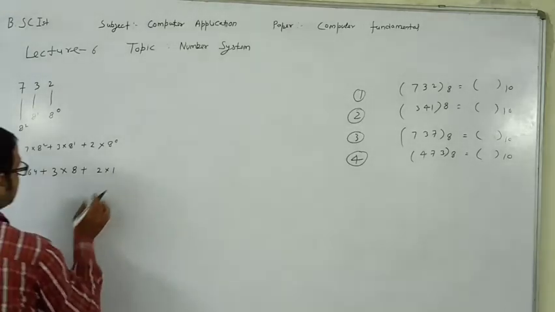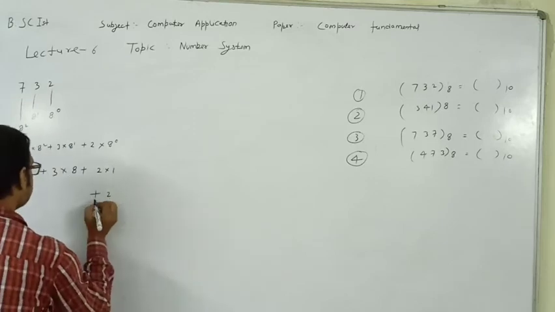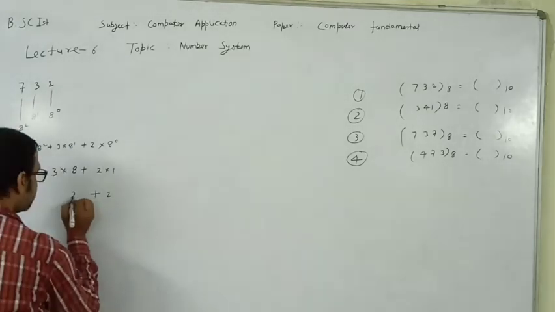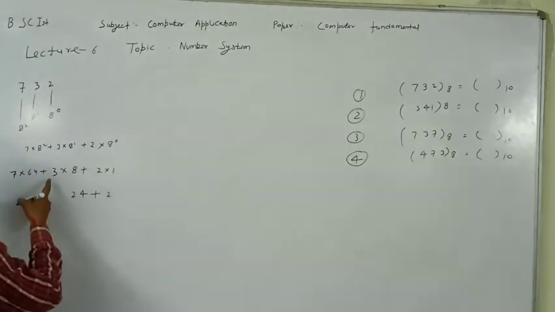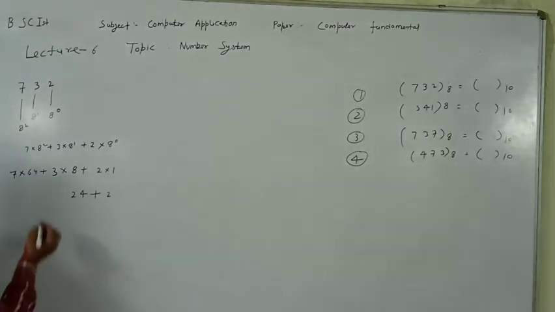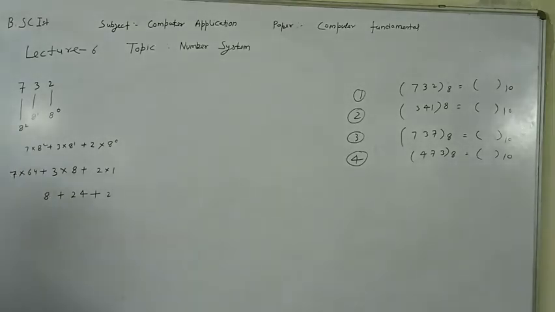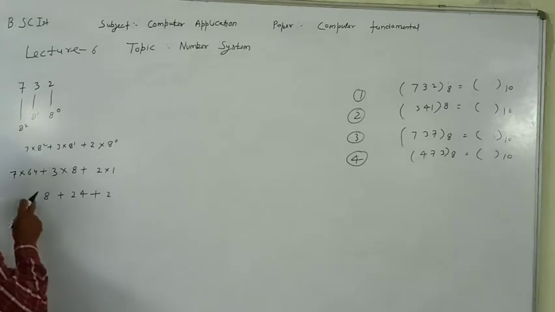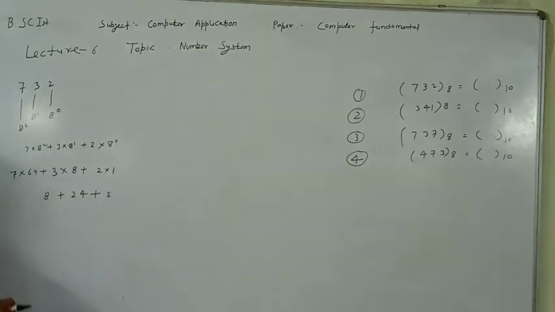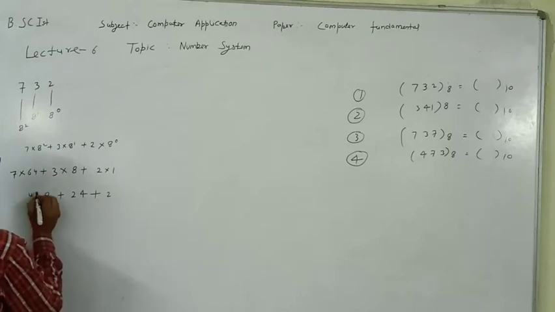Now multiply: 2 into 1 gives you 2, plus 8 into 3, 24. Now 64 multiplied by 7: 7 fours are 28, 2 left, 7 sixes are 42 plus 2, 44.